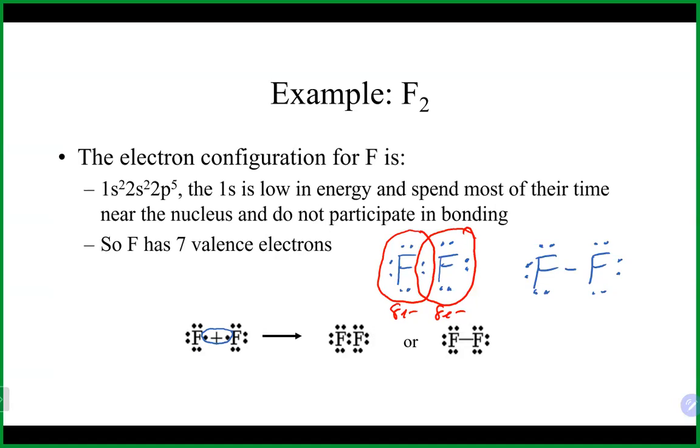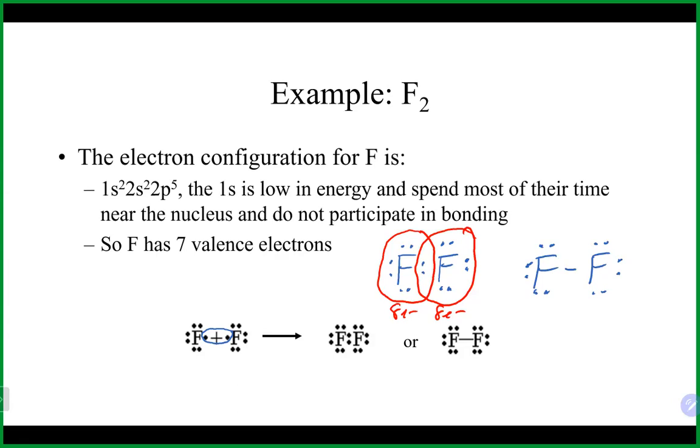So just like in ionic bonding, the same sort of goal is here in covalent bonding. The only difference is how it's achieved. In covalent bonding, to get to 8, it's achieved through sharing electrons, and an ionic bond is achieved through transferring electrons from a metal to a nonmetal. Any questions on that there?